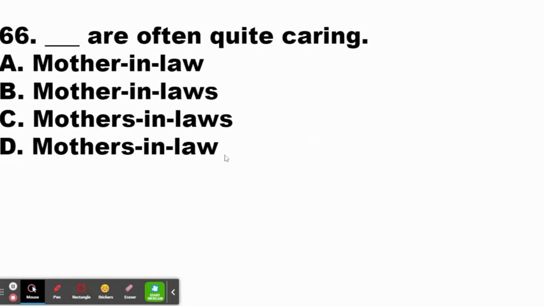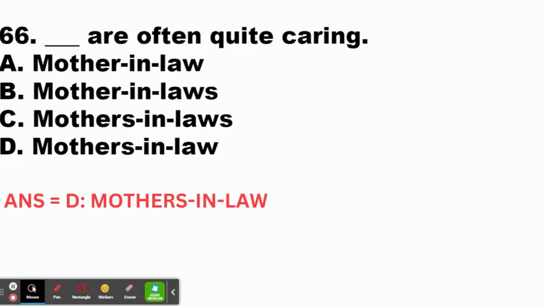66. Dash are often quite caring. A, mother-in-law. B, mother-in-laws. C, mothers-in-laws. D, mothers-in-law. The correct option is D, mothers-in-law. Now again, you see some people choosing B. There is nothing like mother-in-laws.